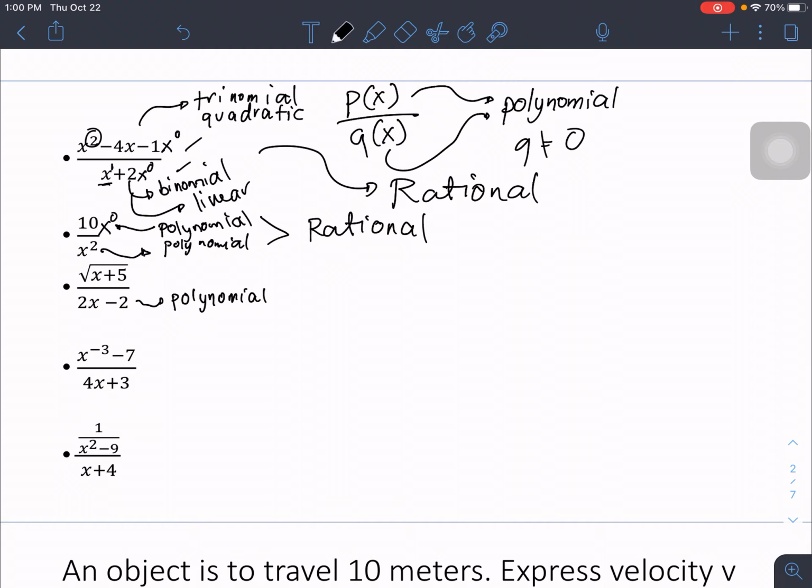So however, the numerator is not a polynomial because this whole term, pertaining to this whole x plus 5, the usage of this radical means that x plus 5 is raised to 1/2. So if x plus 5 is raised to 1/2, the exponent is not an integer.